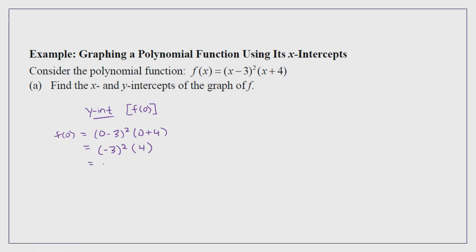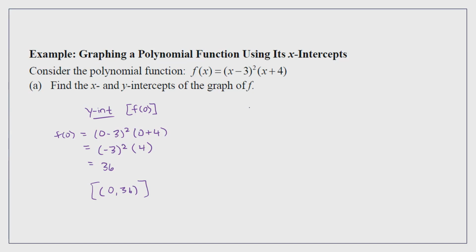That would be 9 times 4, which is 36. So this would give us a y-intercept of (0, 36). So when x is 0, our y-intercept is 36.